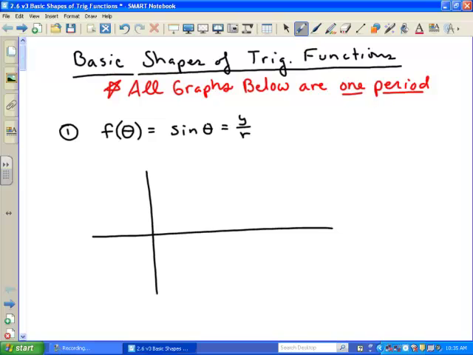Instead, the horizontal axis is values of theta, and the vertical axis is not the y value, but the output for this function. The output for the function is the value y over r. So depending on which trig function we're graphing, the horizontal measure will always be theta, angle measures, but the vertical axis is going to be the value of the function that we're using, in this case y over r.